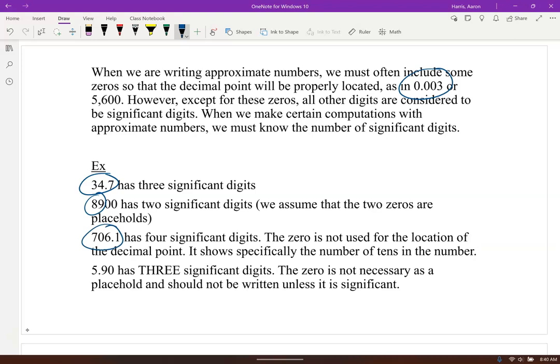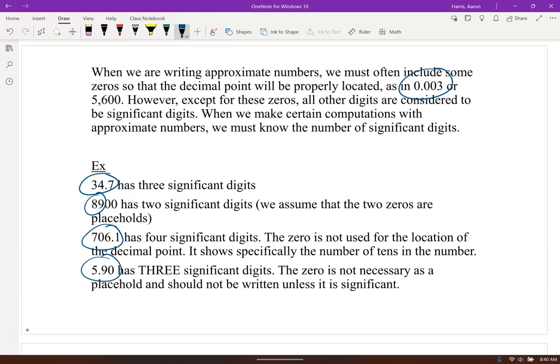The 0 is between those significant digits. And 5.90 actually has 3 significant digits. That 0 is not necessary as a placeholder. It should not be written unless it is significant, so the 0 is there for a reason. In other words, it's accurate to that hundredths position.